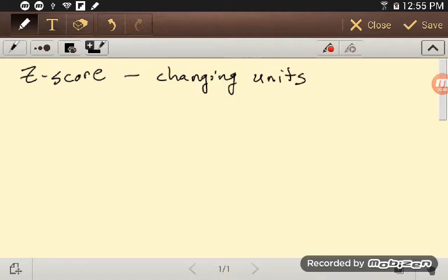So suppose I have a data point of an average, X bar is 64 inches.